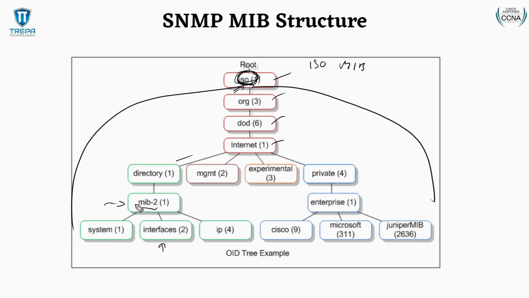But let's say I just want my SNMP agent to only get pulled for information that's a part of MIB2, then I can configure that. It's actually with a command called snmp-server view, and then the name of where you want it to view in the MIB structure. And I could type in MIB-2 and say, okay, that means we can only pull for stuff that falls under here.